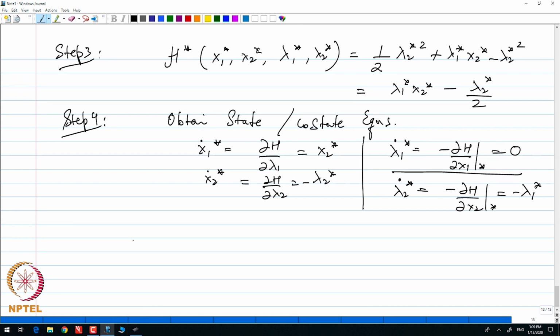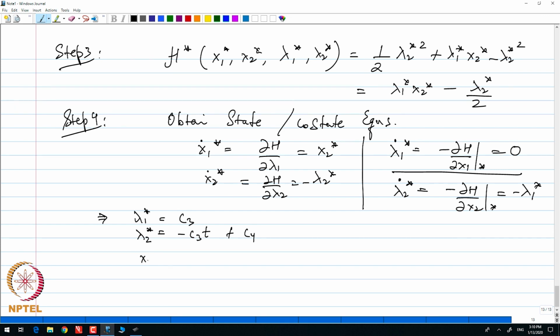I see that lambda 1 star is C3, a constant, because lambda 1 dot is 0, and lambda 2 star dot is minus lambda 1. So lambda 2 star is the integral of minus lambda 1, which gives me minus C3 t plus C4. I am just using a set of constants here. And then x2 star dot is minus lambda 2.